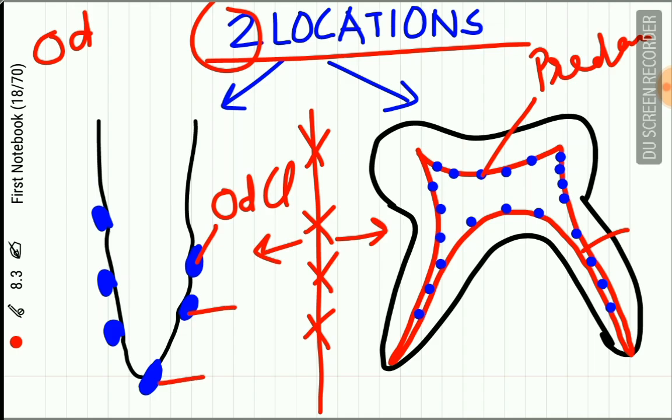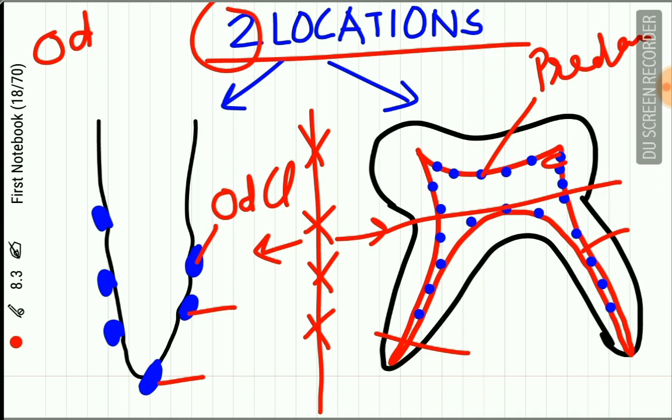Whereas in multi-rooted teeth, the roots are resorbed, the crowns are also partially resorbed, and here we can say that the odontoclasts may be present in the root canals and the pulp chamber.